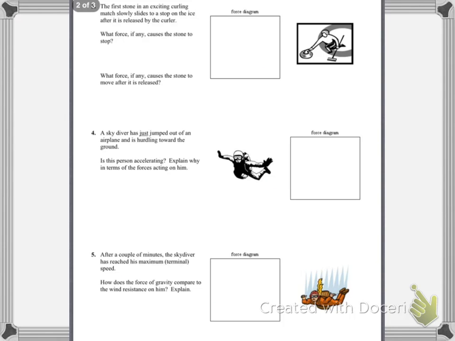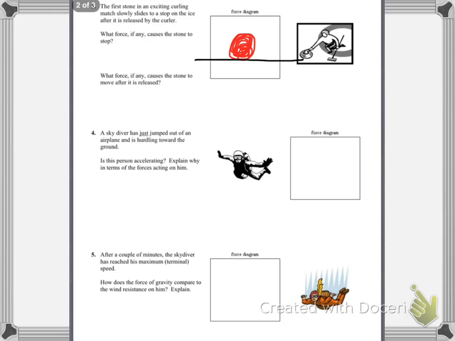So next, move on to number 3. The first stone in an exciting curling match slowly slides to a stop after it's released by the curler. What causes the force to stop? So let's draw our diagram here. We've got our curling stone, and now we can draw our forces on it. This is on a sheet of ice.